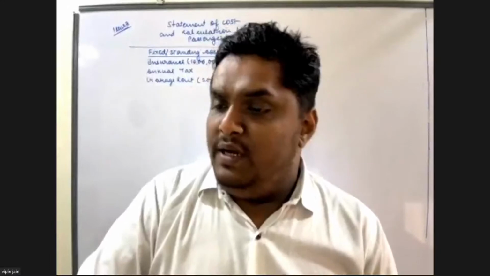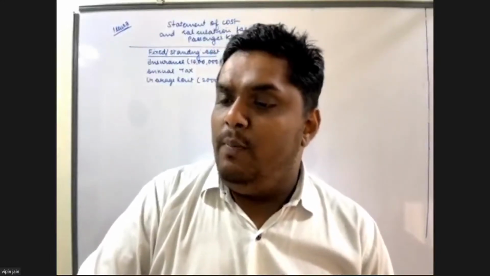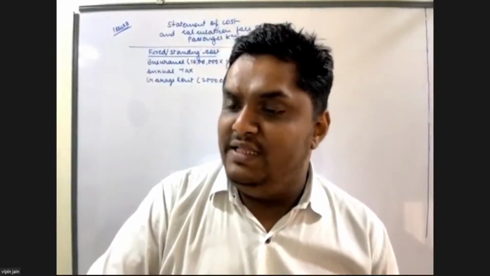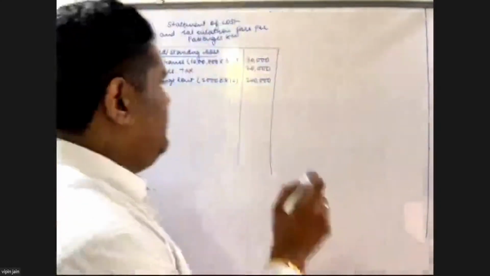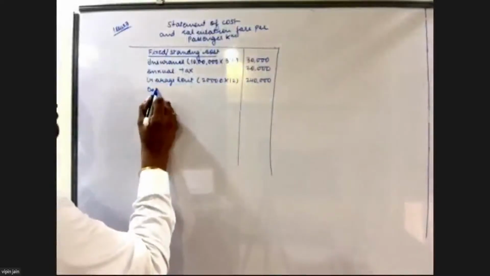Thereafter, annual repairs are 2,04,000. This will form part of maintenance cost; I'll be writing this part separately. The bus is likely to last for 2.5 years, so they're talking about depreciation.